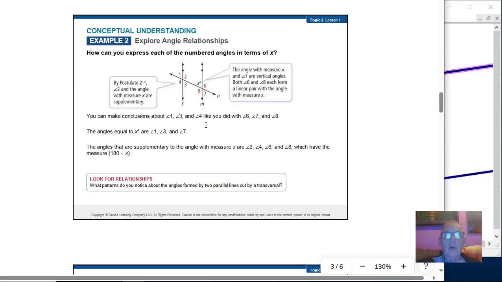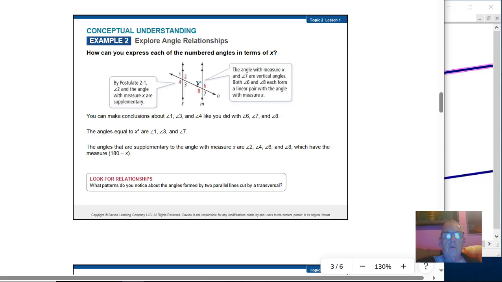You can make conclusions about angle 1 and 3 like you did with 6, 7, and 8. The angles that are equal to x are going to be the corresponding angles, which are angle 1 along with x, and then by vertical angles we have angle 7 and angle 3.